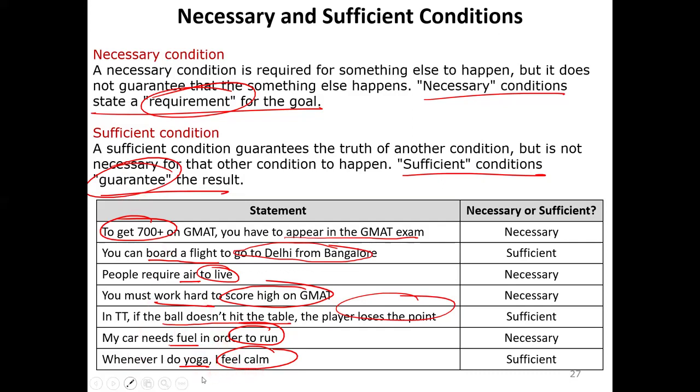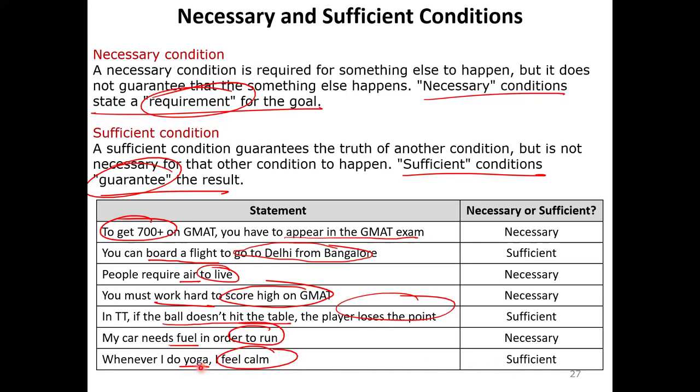Why is it not a necessary condition? Anyone? Absolutely. No, no. What you are answering is why this is a sufficient condition.